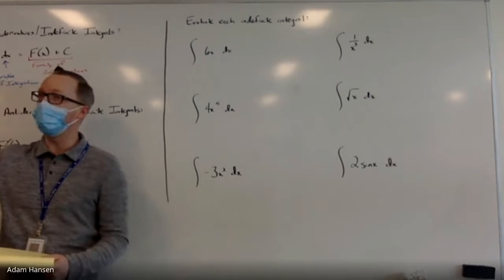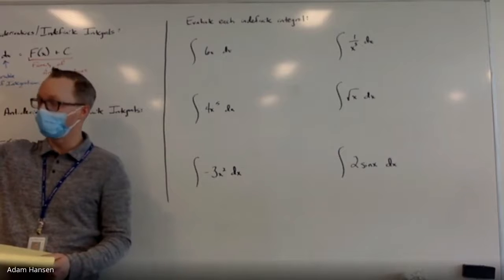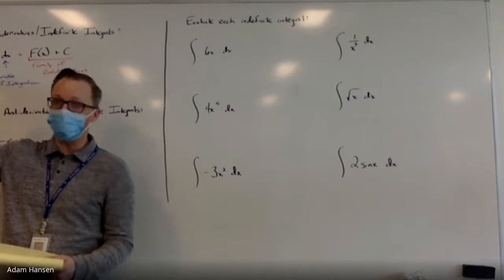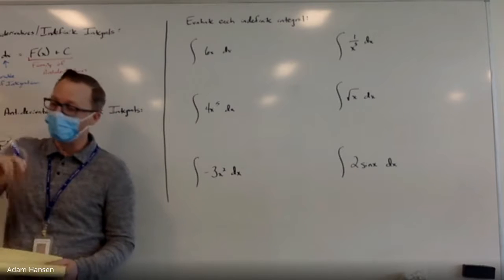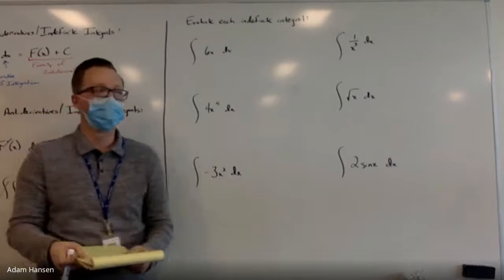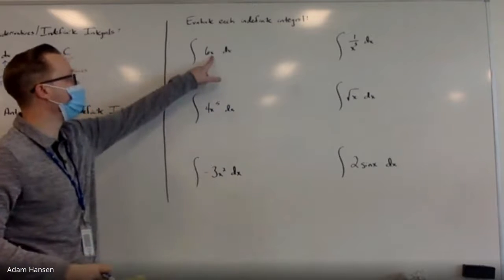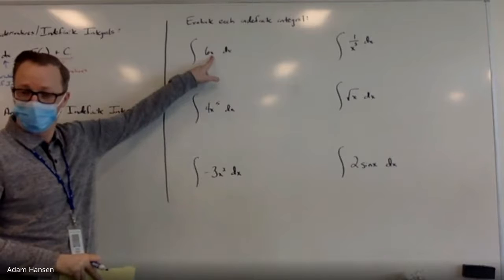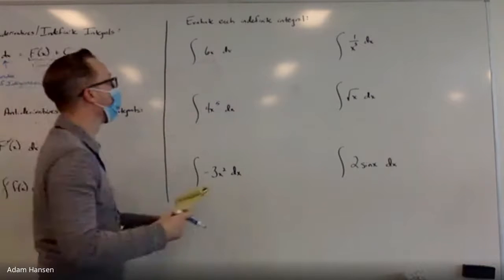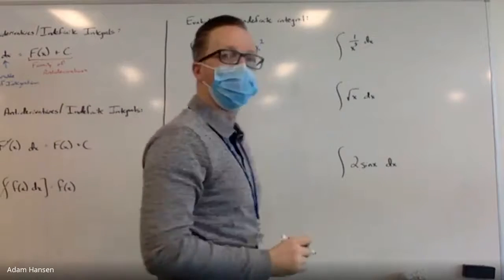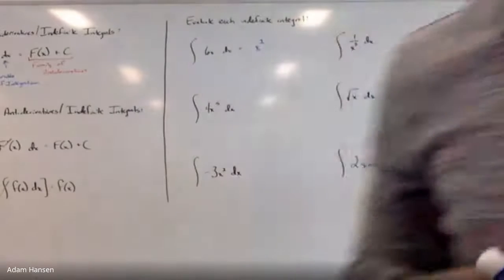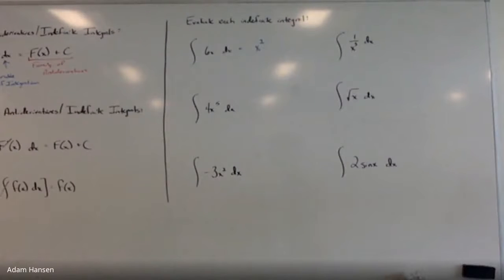Put it in front, and then the new exponent is always just subtracted by 1, right? The new exponent, when I take the derivative of some algebraic function, is just 1 less than what it was before, right? Well, now reverse that. Rather than subtracting 1 from the exponent to find the antiderivative, I would have to add 1. So I know my antiderivative has to be in terms of x squared, right? So that the derivative of that would give me the linear function x. If I take the derivative of x squared, does it make 6x?